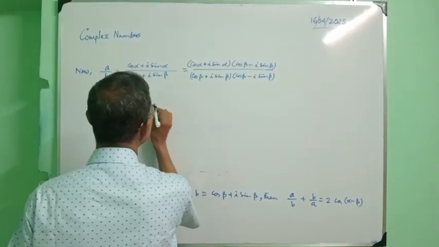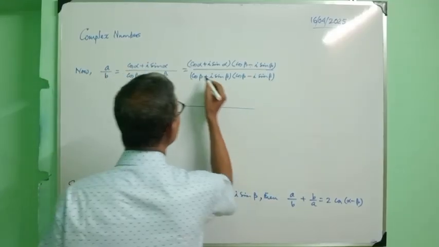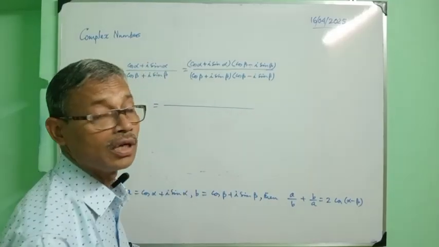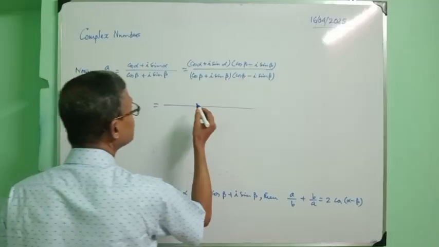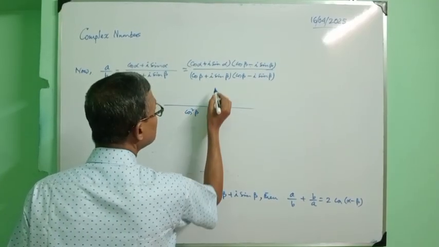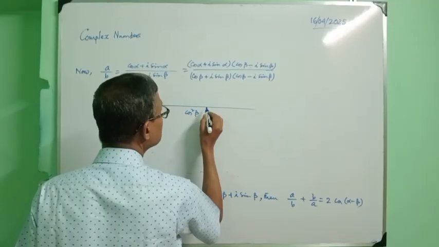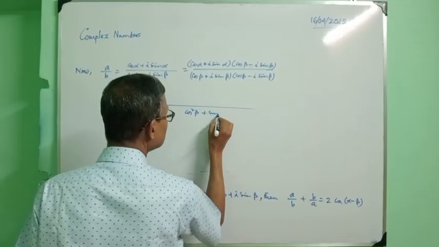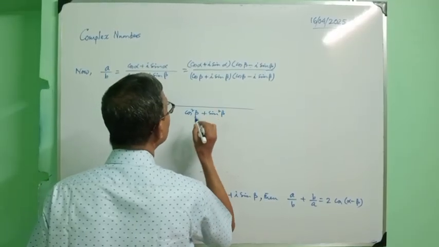Now we multiply the factors in the numerator. Denominator will be cos square beta minus I square sin square beta, that means plus sin square beta.